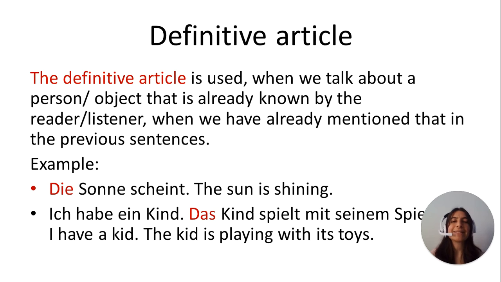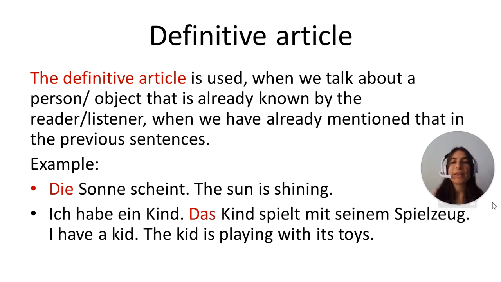Okay, so let's see now the definitive article. Here, the definitive article is just like in English, same use when we talk about a person or an object that we have already mentioned, and it is known by the reader or by the listener.